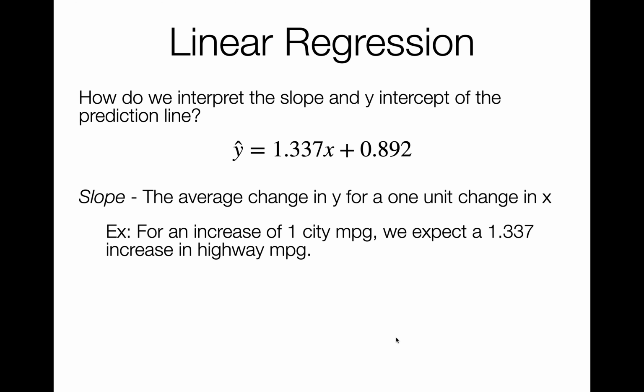It means for an increase of 1 city mile per gallon in a car, I expect a 1.337 increase in highway miles per gallon. Of course, every car is going to be different. Okay, but on average, it's going to increase by 1.337 miles per gallon. So hopefully that makes sense.